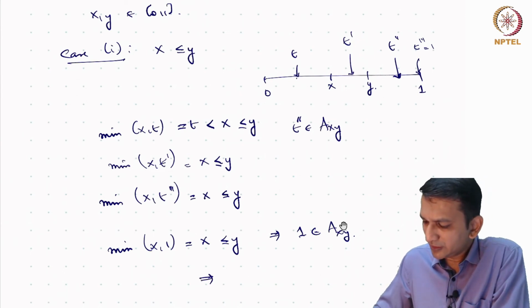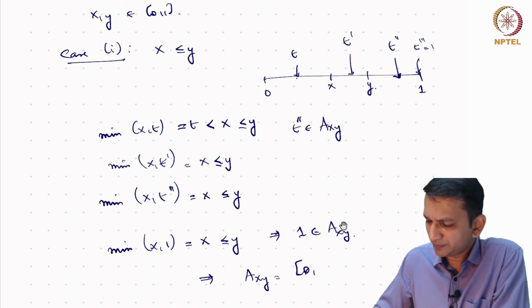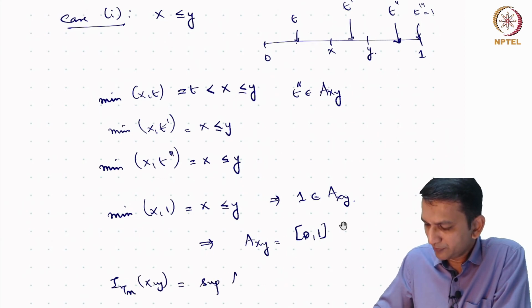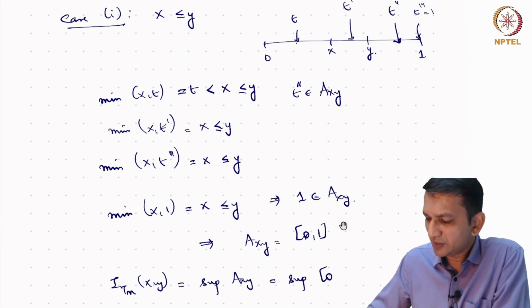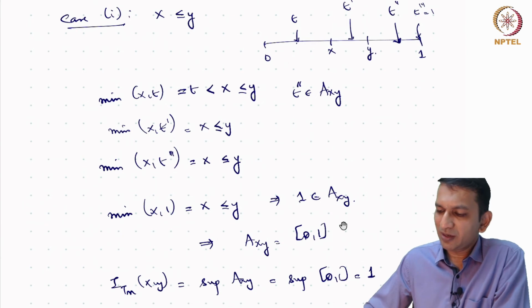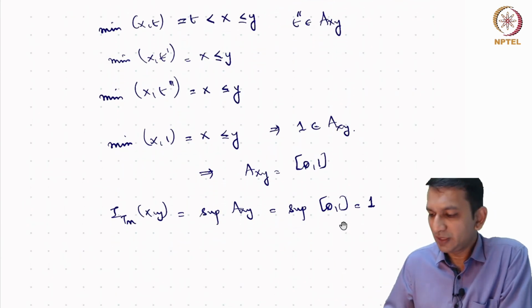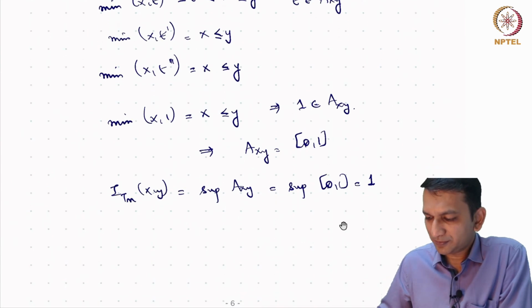This implies A_xy in this case is the entire interval [0, 1]. Now, what is I_T(x, y)? It's nothing but the supremum of A_xy, which is the supremum of [0, 1], which, from our understanding of lattices with respect to the usual ordering on [0, 1], is equal to 1.